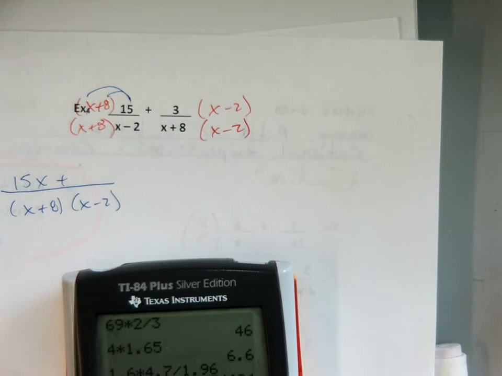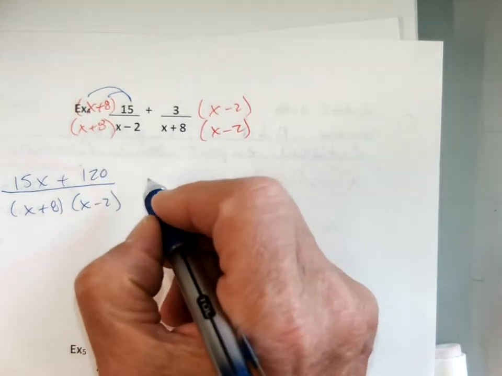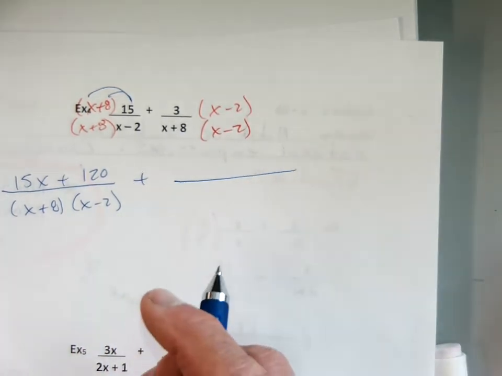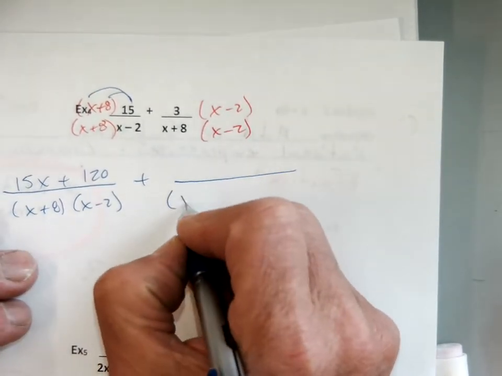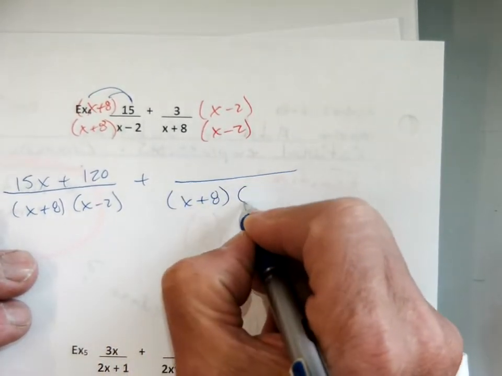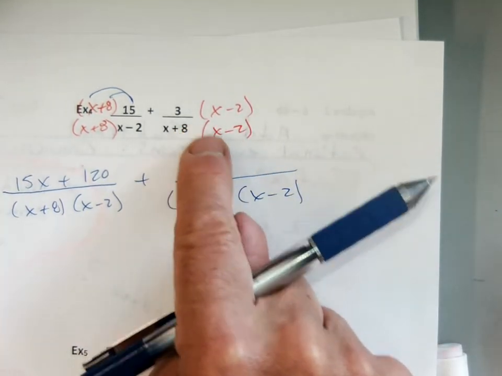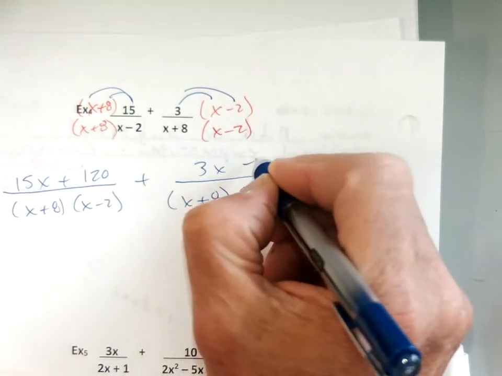Well, it'd be 120, I'll bet. 8 times 15, 120, yep. Plus, the second fraction has a common denominator of x plus 8, x minus 2, and then we'll have a 3x minus 6, right?